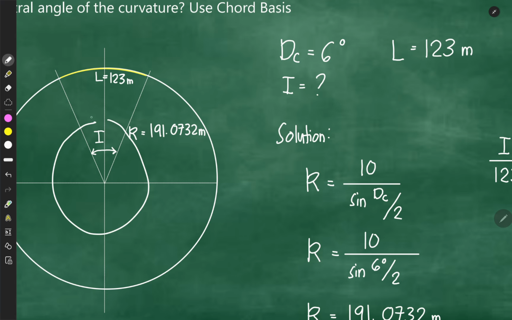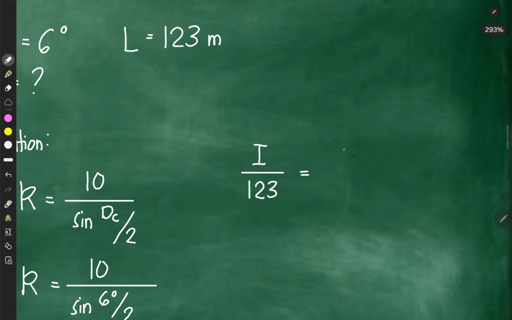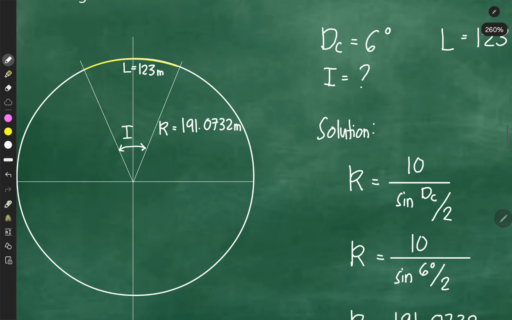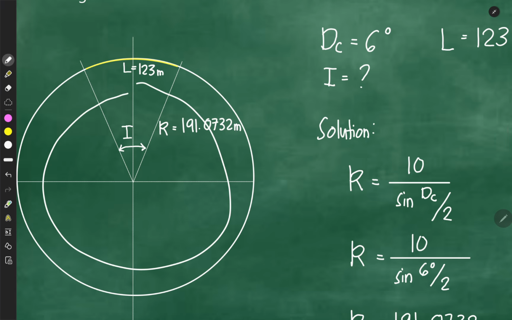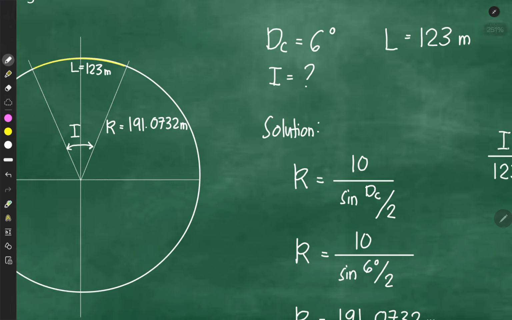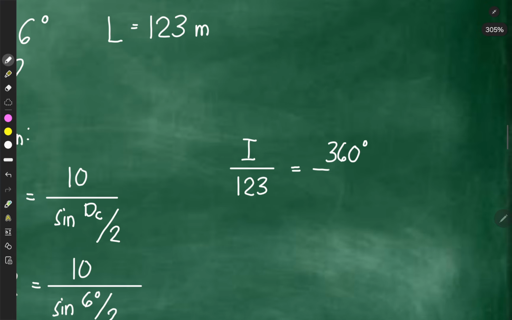In one full revolution, that is equivalent to 360 degrees. And if we covered 360 degrees, how far is the length covered within the circle? That is just the circumference of a circle, 2 pi r.